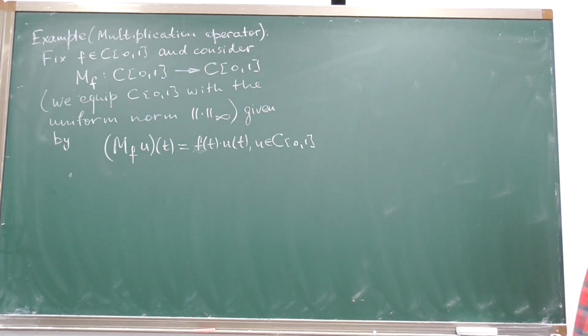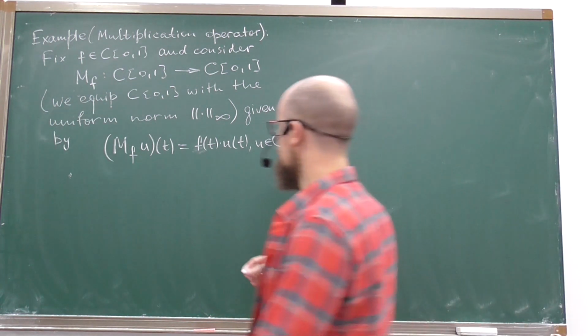So it is in fact a multiplication operator. It is linear, which is fairly easy to see. Let us prove that it is bounded, which is also not difficult to see.